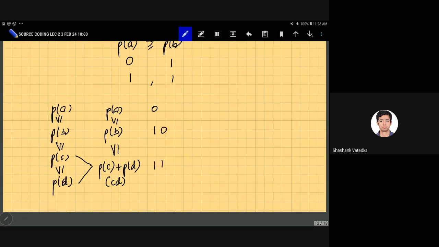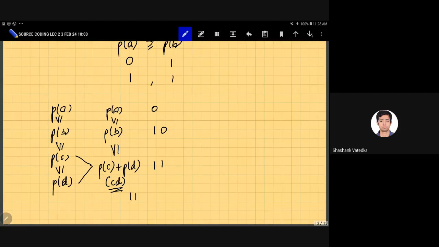This is one choice. So for this super symbol CD, we get a code word 11. And for C and D separately, I can just put 0 and 1. So A would get a code word of 0, B would get code word 10, C would be assigned a code word 110, and D would be assigned a code word 111.